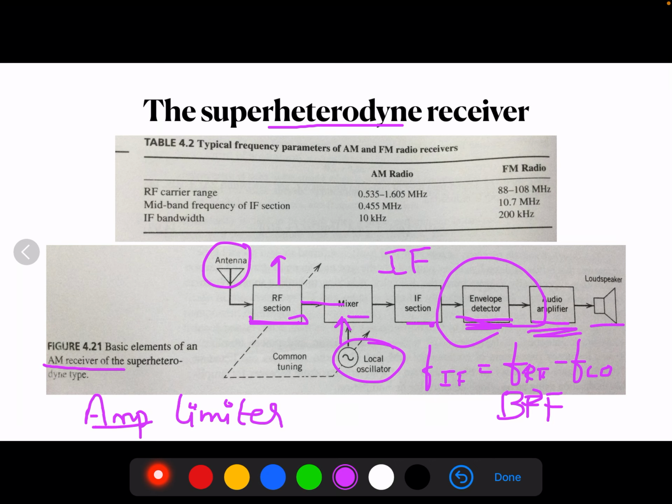The difference between the AM and FM receiver is that the RF, mixer, IF section, and local oscillator remain the same. The only change is in this part, where you will have a discriminator.